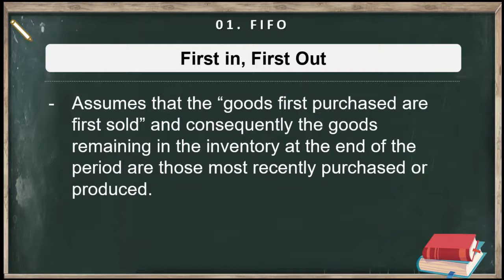So obviously katong naulahi og palit mao gyud to siya ang last nga ma-dispose or mabaligya. First items nga atong mapalit mao siya first nga mabaligya, and katong mga latest nga gipamalit is mao pod last pod nato nga mabaligya.